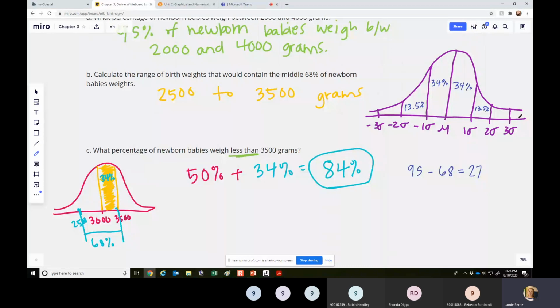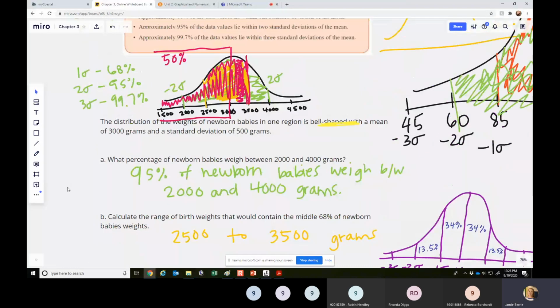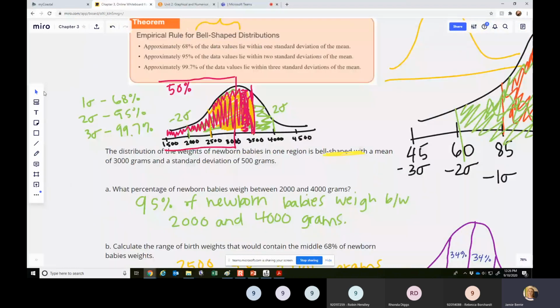And then we know that the third standard deviation for the empirical rule is 99.7%. So 99.7 minus, we've already accounted for 95%. 99.7 minus 95 is 4.7. Divide that by 2. Did I do that right? 99.7, yes.